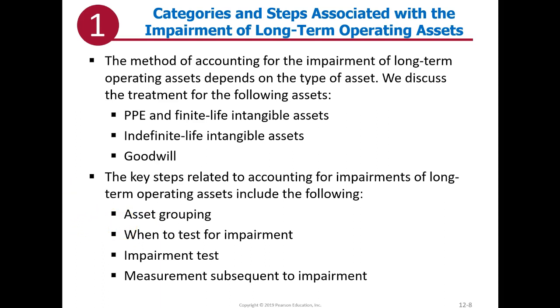Within each of these three categories, we're going to look at four different items related to how we treat it, what the accounting treatment looks like. So for each one of them, we're going to look at how we do asset grouping, when we test for an impairment, the impairment test itself, so how to test, and finally the measurement after the impairment, what we do from this point forward.